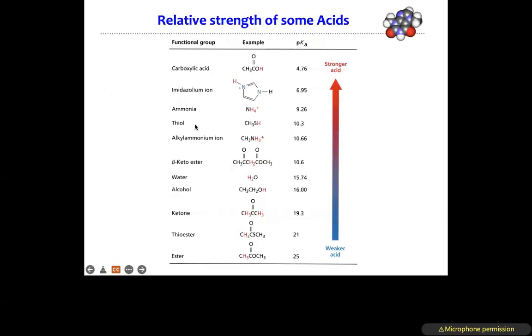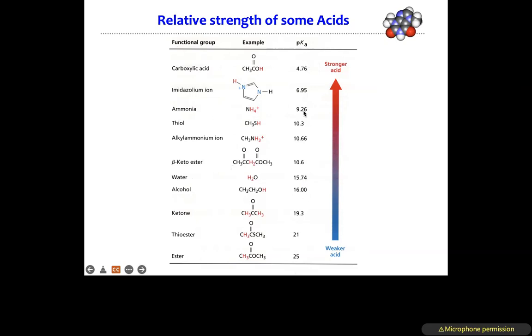Here, look at here, there are some organic acids and organic compounds. They compare the acidity of them. When you look at the pKa value, the lower the pKa value, the stronger the acid, and the higher the pKa value, the weaker the acid.